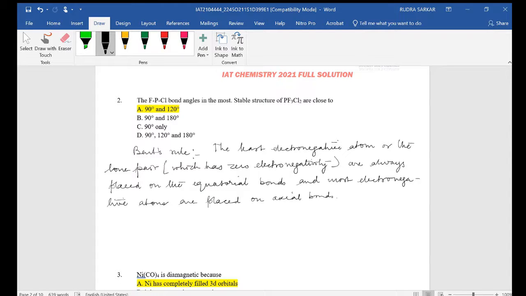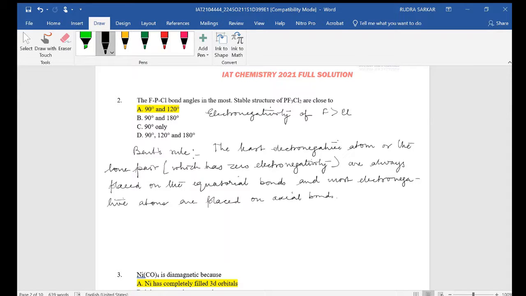So out here we know that the electronegativity of fluorine, which is F, is greater than that of chlorine, which is Cl.